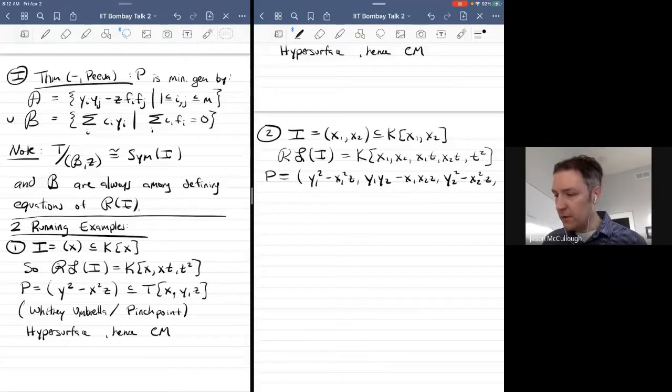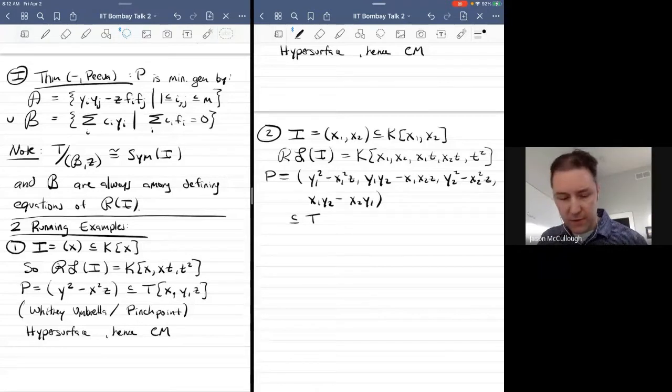And then there's a single relation on x1, x2. So there's a single generator of type script B that looks like x1y2 minus x2y1. And so by the theorem above, those are the only defining equations.